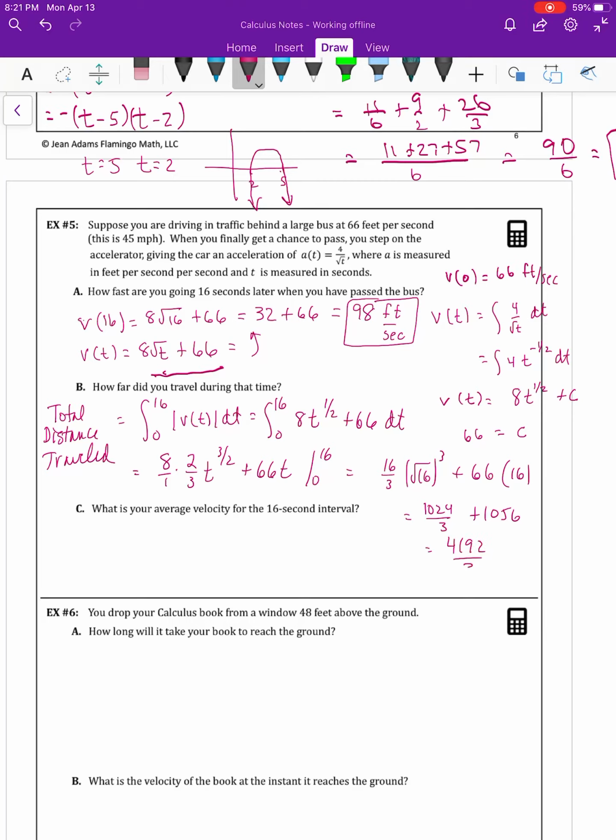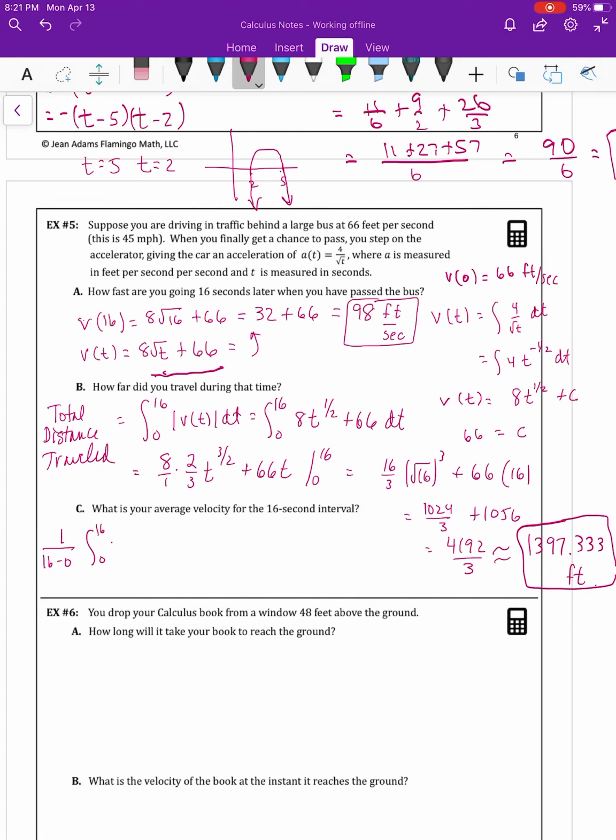And so this gives me 1,024 thirds plus 1,056. So 4,192 over 3, which is approximately 1,397.333 feet. Okay, total distance traveled is this.